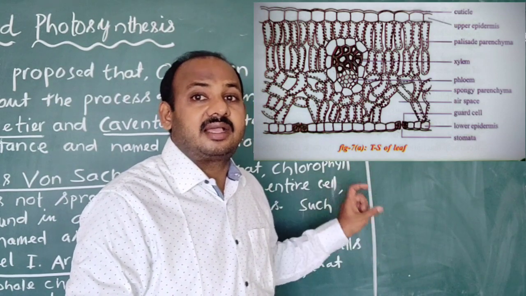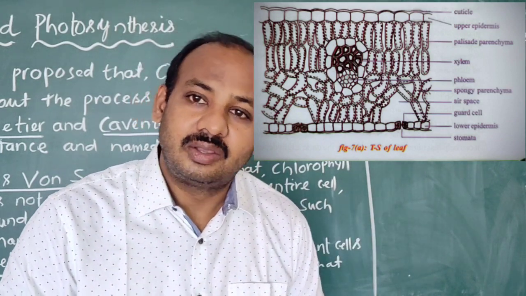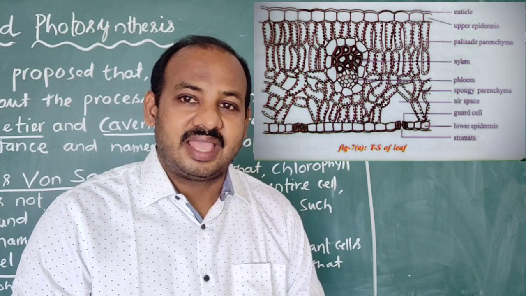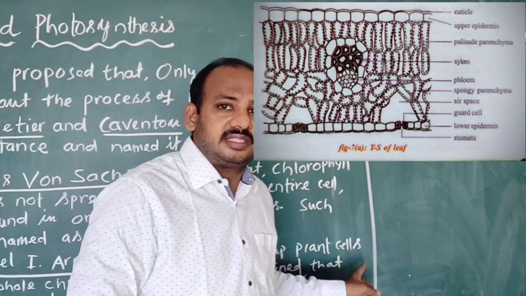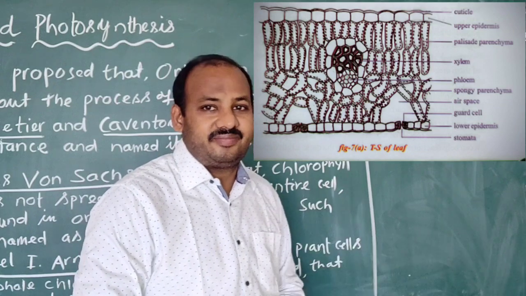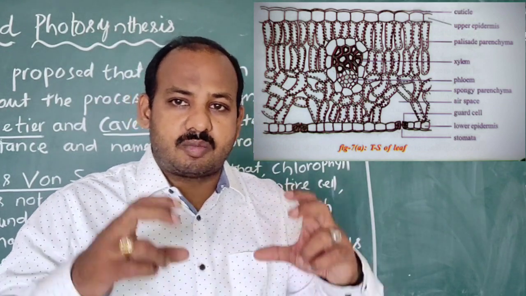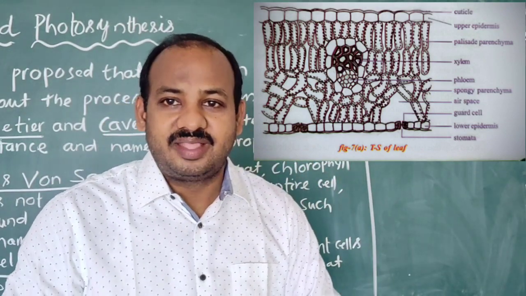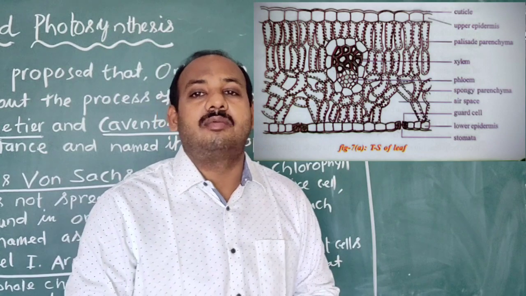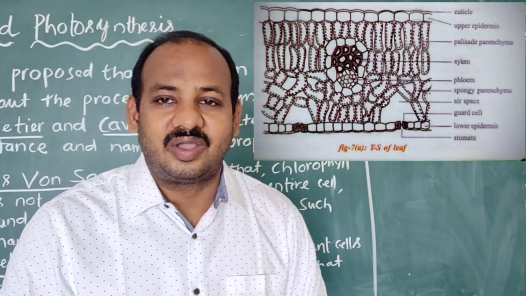Okay, children? And they contain chloroplasts. At the bottom you can see, in the lower epidermis there are stomata. Already you know the structure of the stomata: there are two guard cells and there is an opening called the stoma. The guard cells also have 40 to 100 chloroplasts.